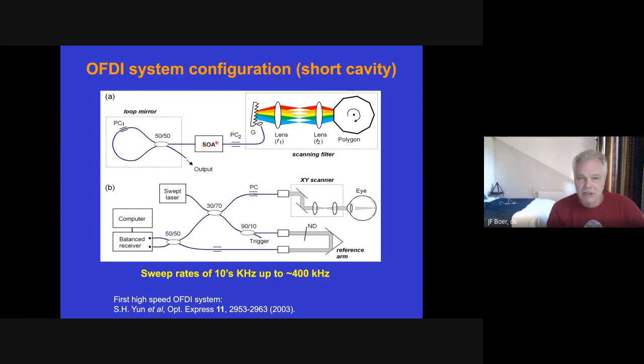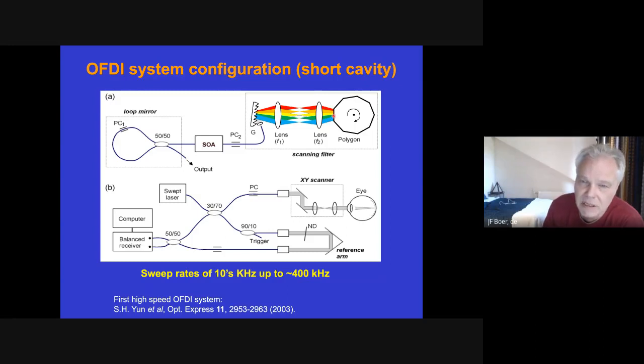What you do is it generates a spectrum, you send it to a grating, the grating splits it up in different directions, you use a lens to image it back to a location, and with the second lens you image that back to directions. And now you have here a polygon mirror that rapidly rotates. So as a function of time, it reflects either back the red light or the orange light, or the yellow or the green light, as a function of the position of this mirror.